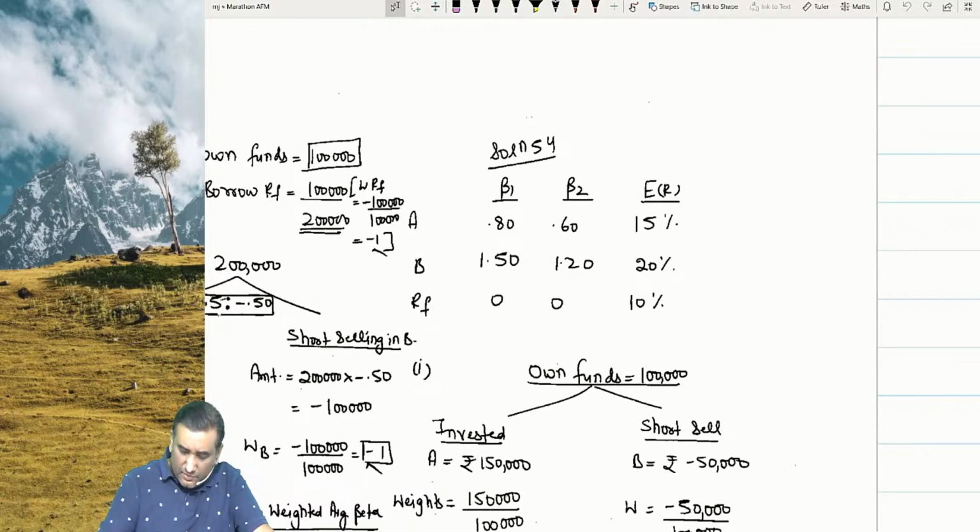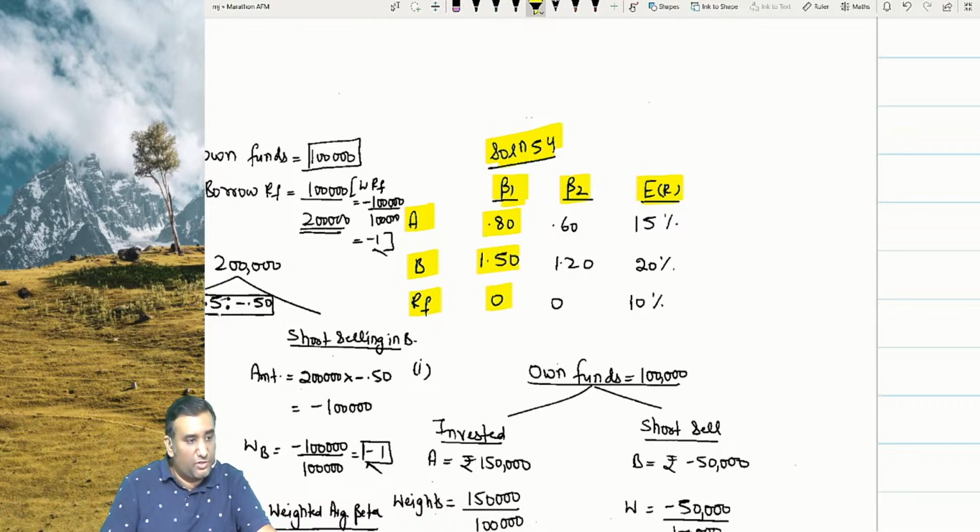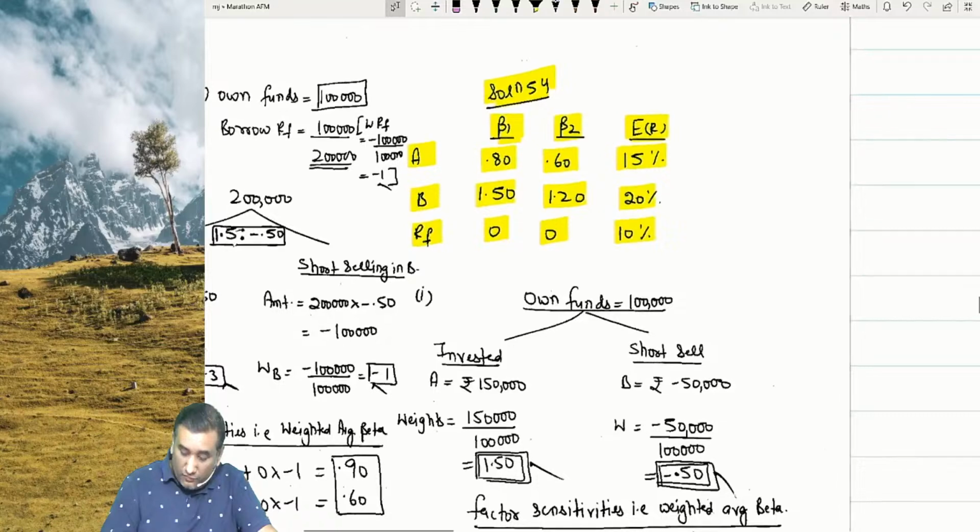I have a solution in which I say beta 1, beta 2, expected return, we have A, B, risk free. Compare the data. 0.8, 1.5; risk free will have 0 beta. 0.6, 1.2; risk free will have 0 beta. Expected return 15, 20 and 10. Own funds are 1 lakh.